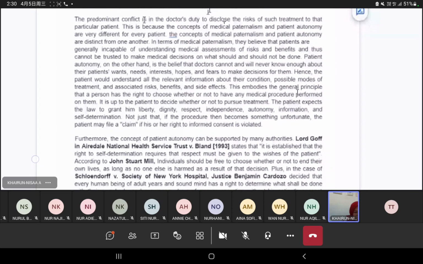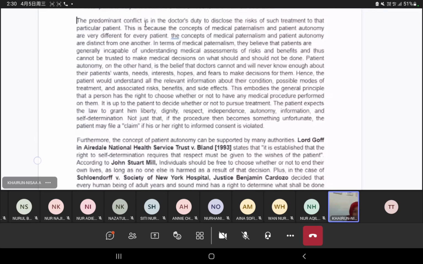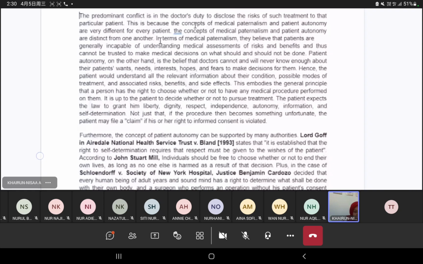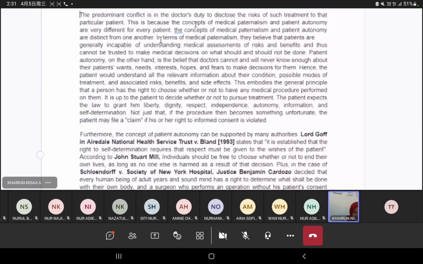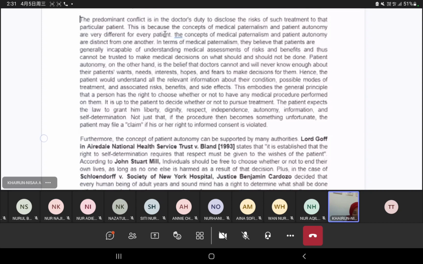Then the next paragraph: the predominant conflict is in the doctor's duty to disclose the risk of such treatment. The concepts of medical paternalism and patient autonomy are very different for every patient. And then you go on again and start explaining more and more about medical paternalism and patient's autonomy.